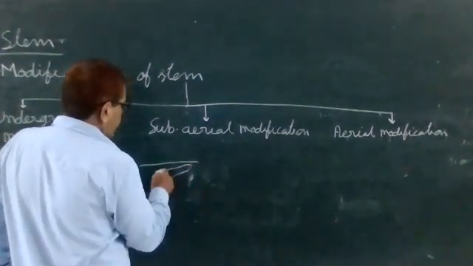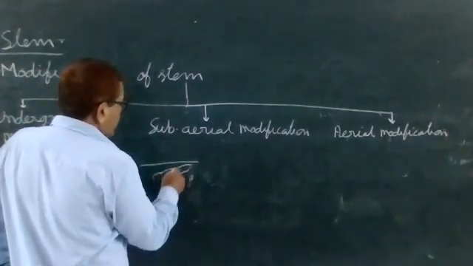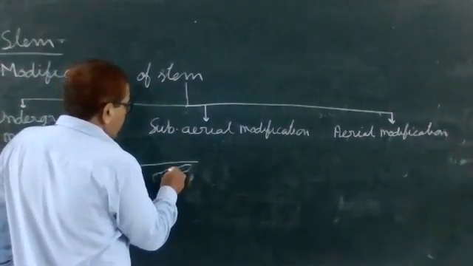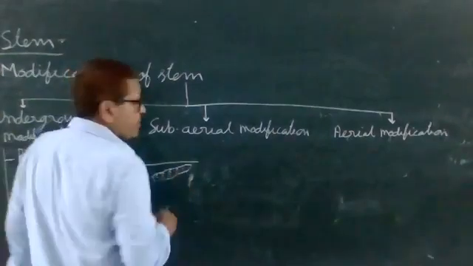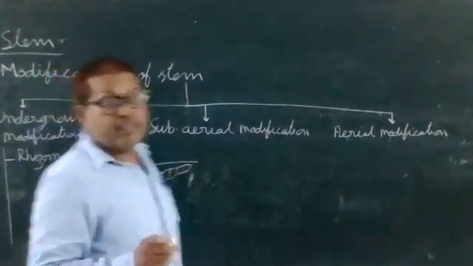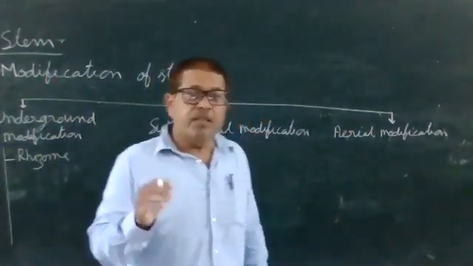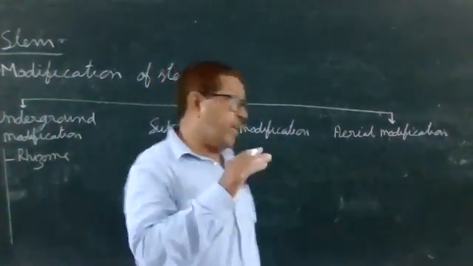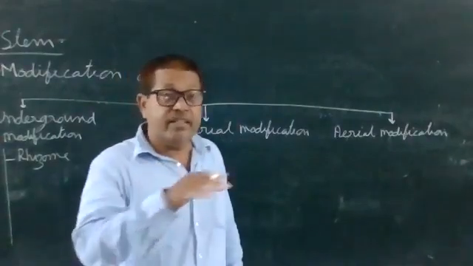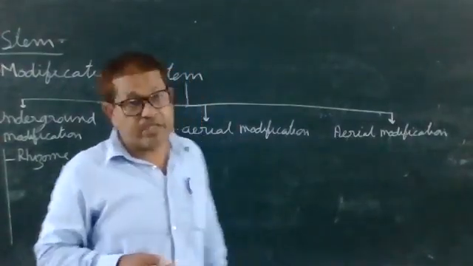It consists of nodes and internodes, having scaly leaves with axillary leaf buds.